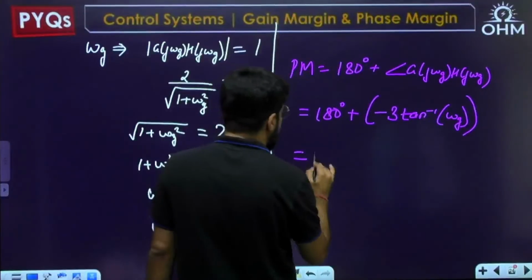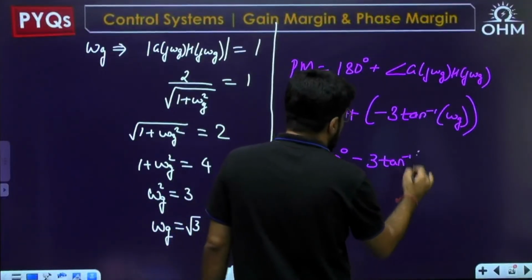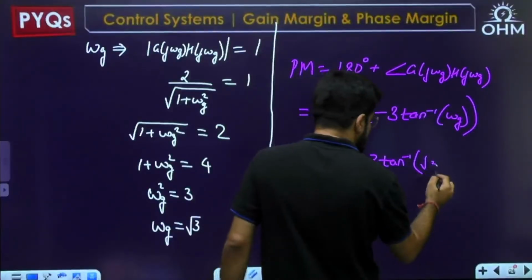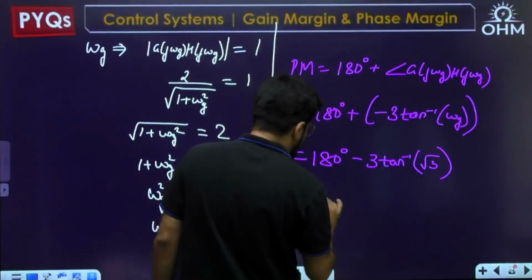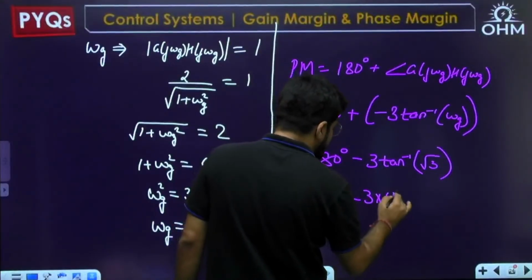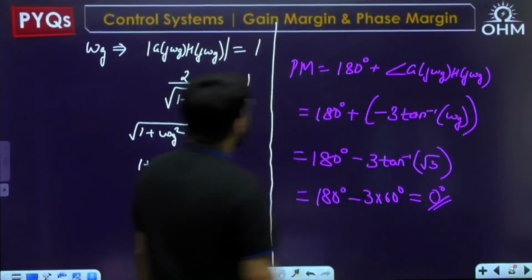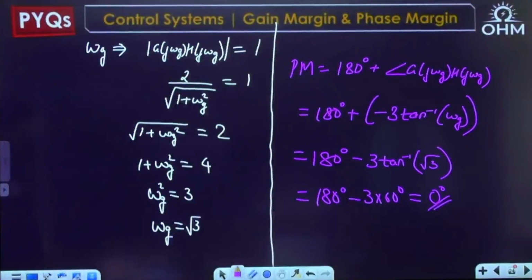Now I will put down the value. So this becomes 180 degree minus 3 tan inverse omega g. What is omega g? Root 3. So 180 degree, tan inverse root 3 is 60 degree, so 3 into 60 is 180. 180 minus 180 is 0 degree.